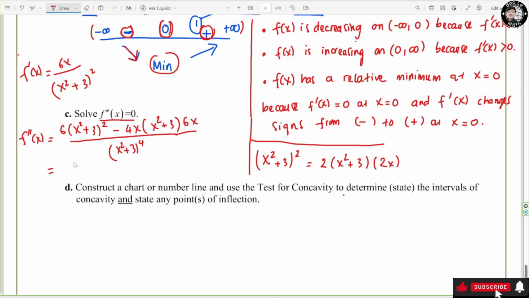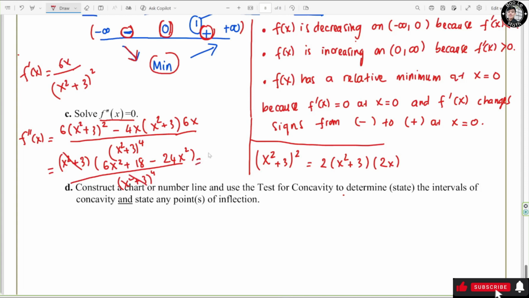Now I'm going to factor s squared plus 3 out. So it's going to be 6s squared plus 18, right? And then if I factor this one out, I have negative 24s squared left, over (s squared plus 3) to the 4, right? Now this guy cancels out.